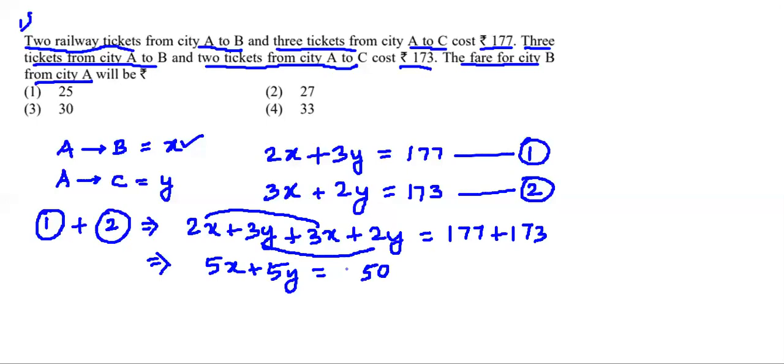So we'll be having one more carry. So 1 plus 1 plus 1 will give us 3. So we have 350. So finally we are getting 5x plus 5y is equal to 350.